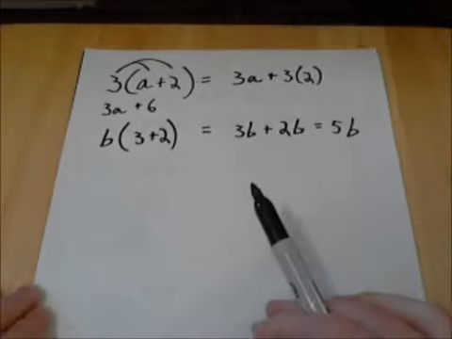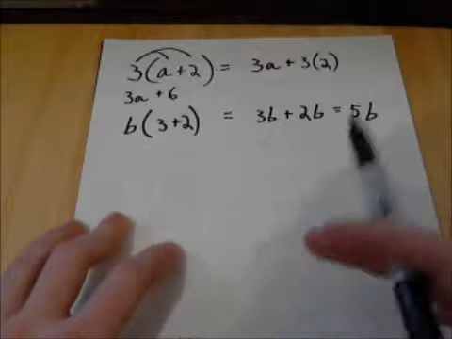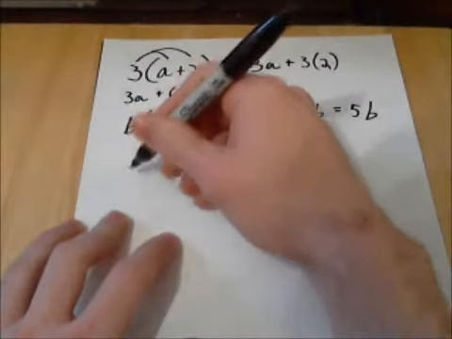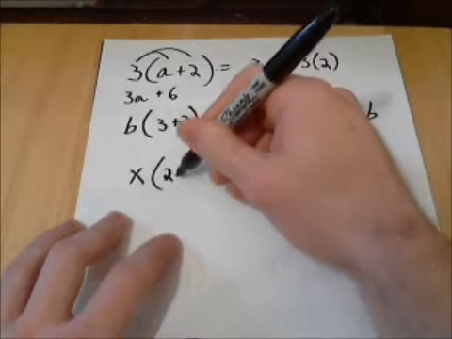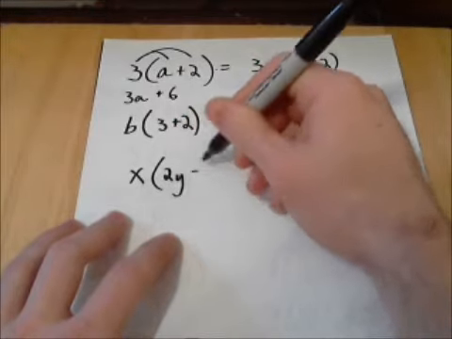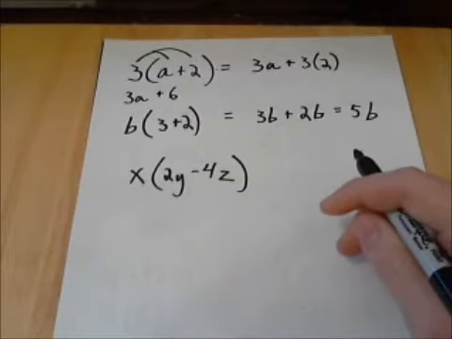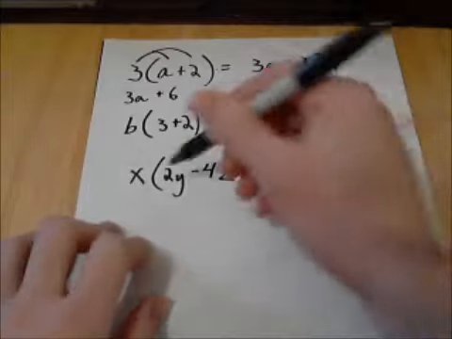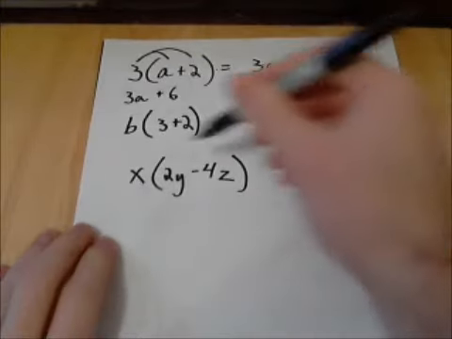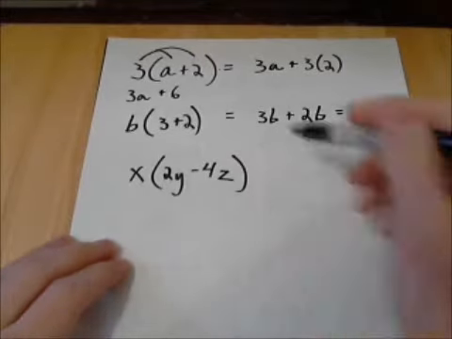So now let's take things up a notch and throw some more variables at you. So x times 2y minus 4z. Now this is a lot more common to see with the distributive property, because there is no way that we can just add the things in the parentheses and multiply by the thing on the outside. We actually have to distribute this x through.